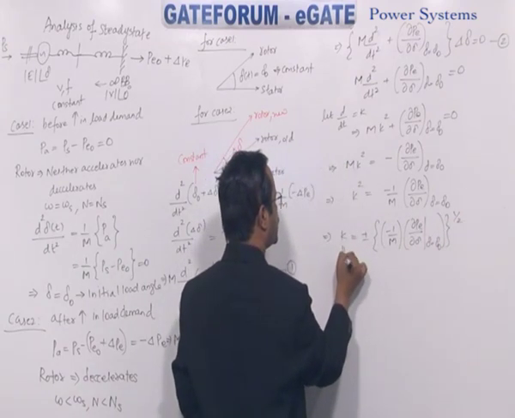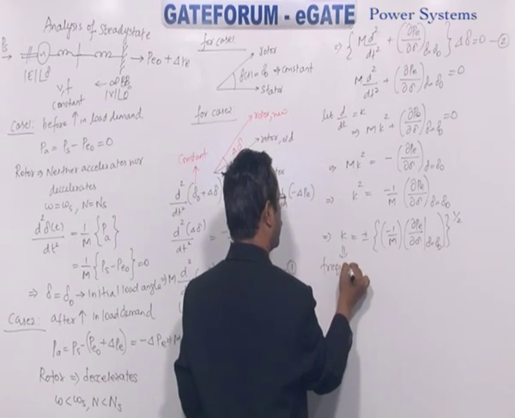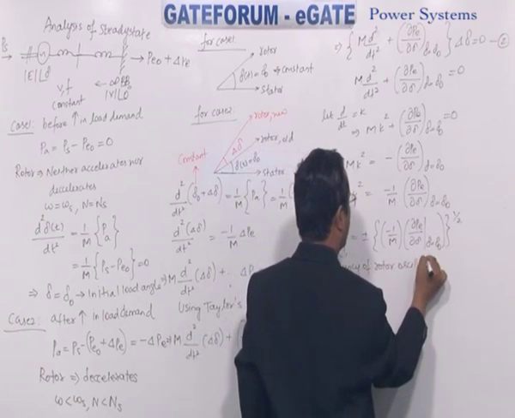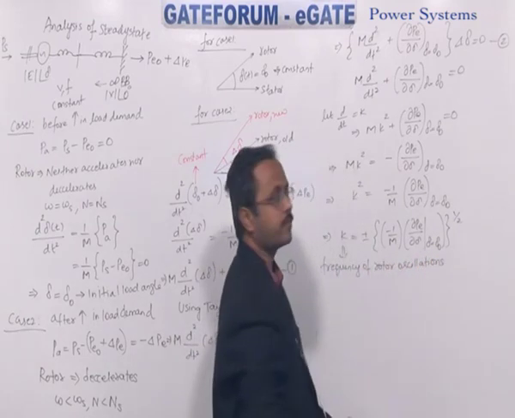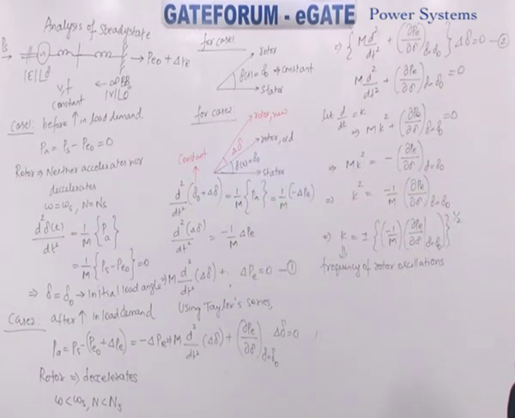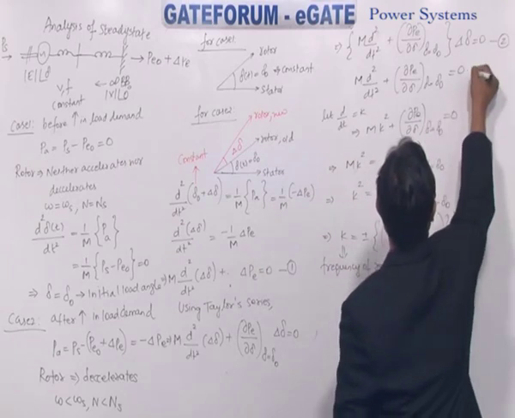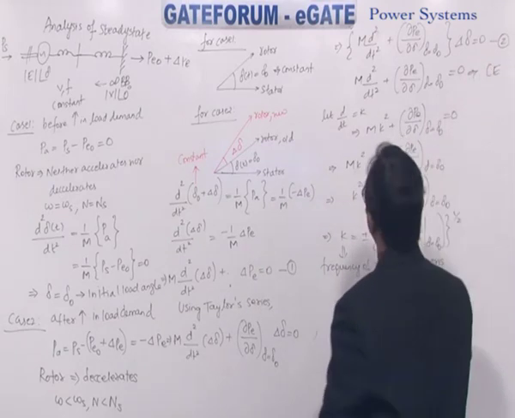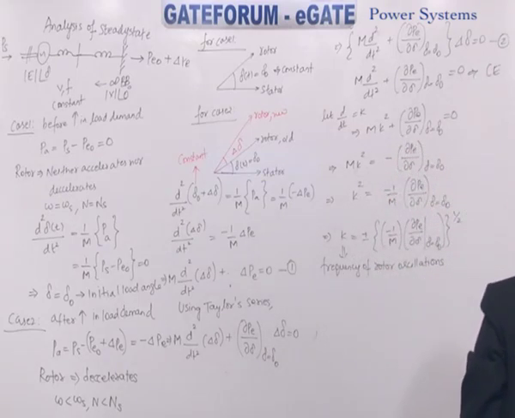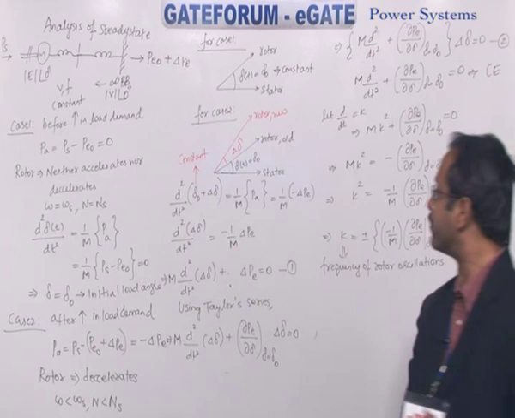And what does k give? The frequency of rotor oscillations, and that is what we have to determine here. So we are finding the frequency of rotor oscillations, and this equation you name as the second order characteristic equation of steady state stability analysis using the swing equation.